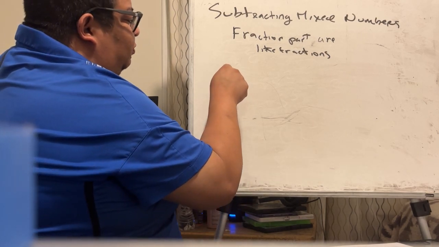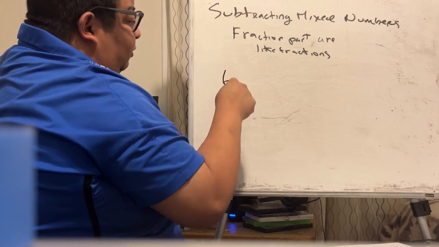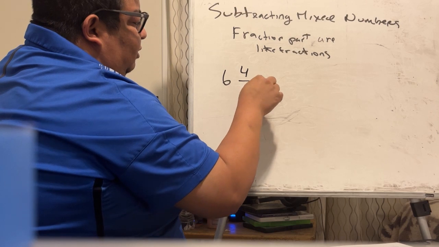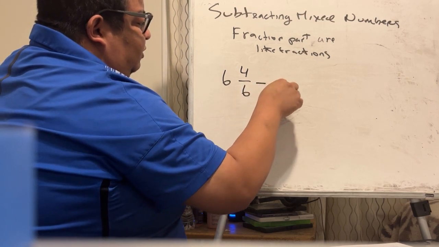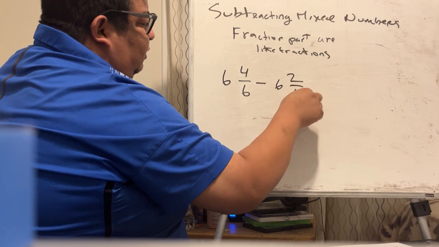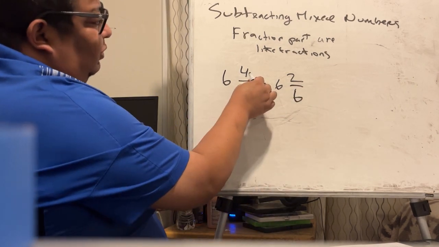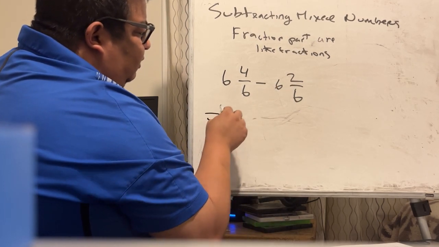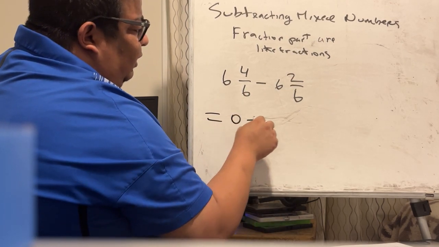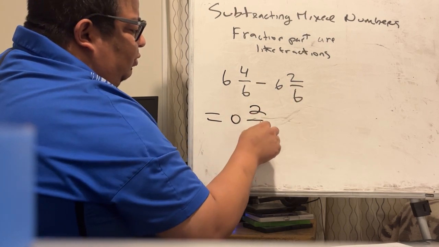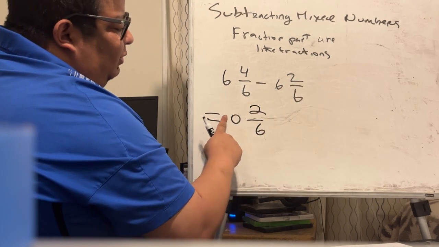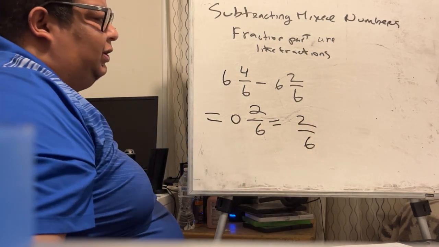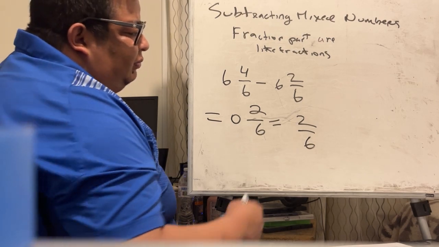For example, you're going to do 6 and 4/6 minus 6 and 2/6. The numerator is larger than the second, so that's good. 6 minus 6 is 0. And then 4 minus 2 is 2 over 6. But you don't want to write the 0, so the whole answer is going to be 2 over 6. In this case, you end up with a regular fraction.